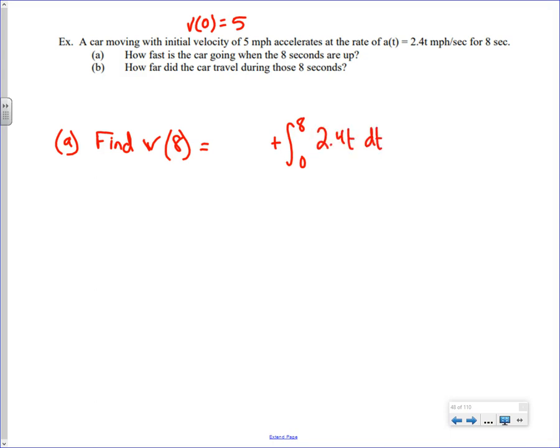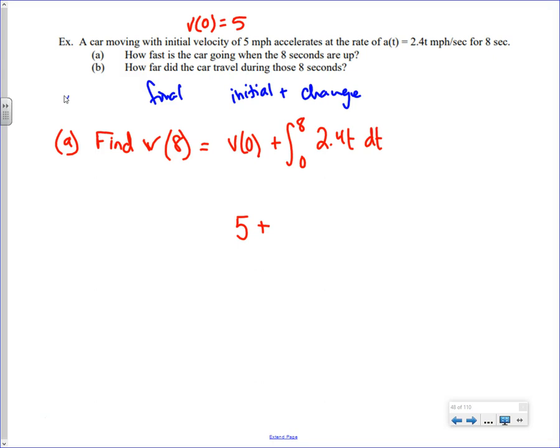And then your initial 5 plus the integral. It didn't start from 0, it started from 5. Does that make sense? So I need to take my initial, how fast it was going to begin with, and then I need to add my change. Initial amount plus the change, and the change is found from the integral. It's going to equal my final velocity.